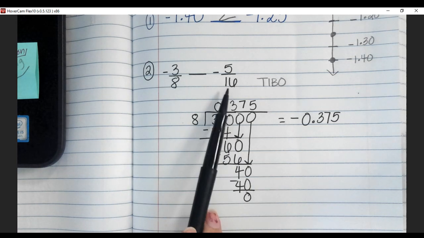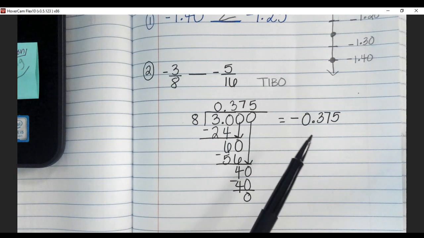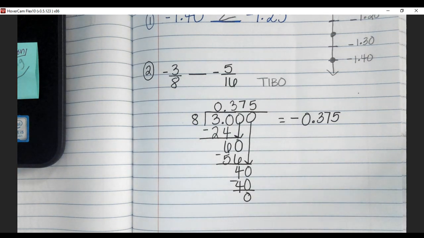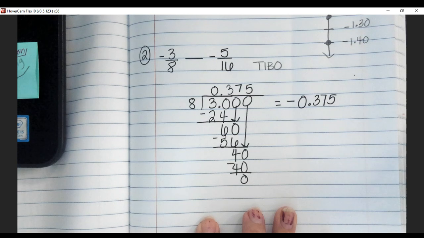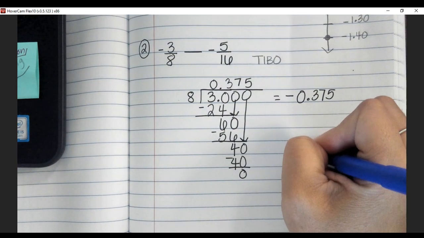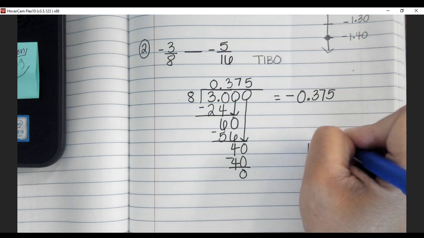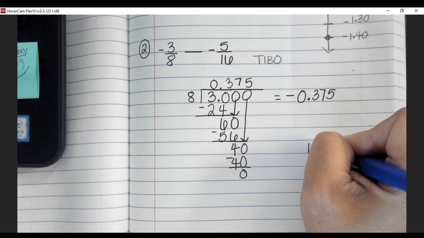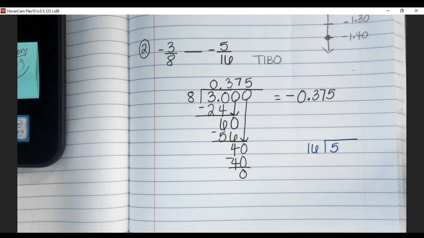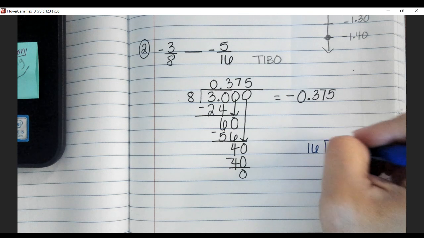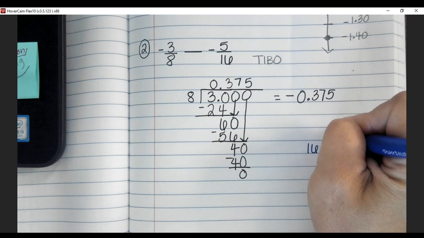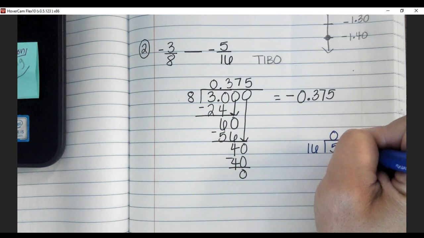So in order for me to do that, I have to convert negative 5/16 to a decimal. So now we're going to do that one. Same process. Okay, so now here I'm going to ask myself how many groups of 16 are in 5. There are 0.